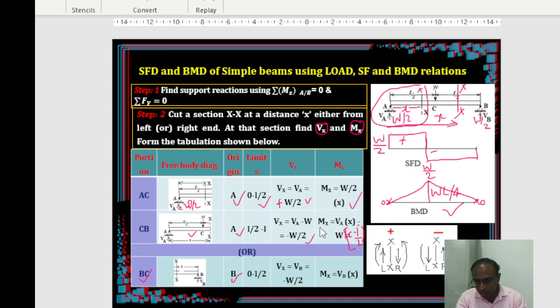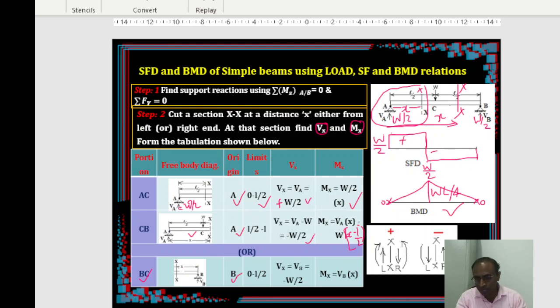Here two terms are there, but there only one term. Sometimes instead of drawing from only one end, you can use the other end also, because shear force and bending moment by definition are supposed to be calculated either to the left of the section or to the right of the section. The section you can take anywhere in that segment.